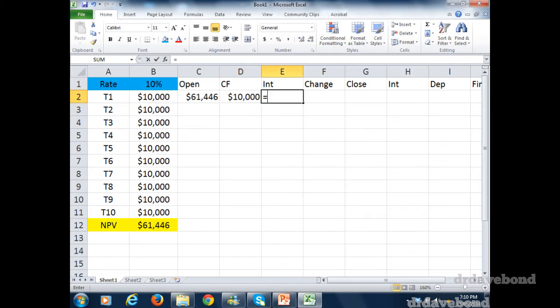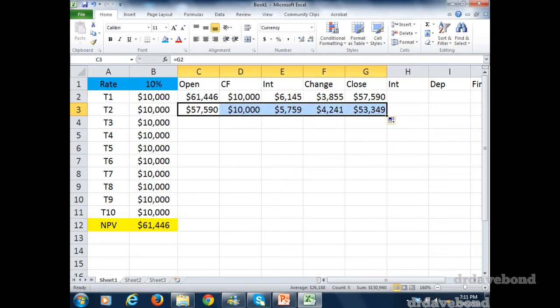That is the liability that we'd pick up. The cash flow is the $10,000. The interest rate is the opening balance at the rate that we've got there. The change is obviously just the difference between those two, and the closing is the opening minus the change.